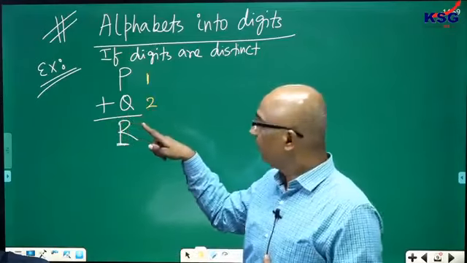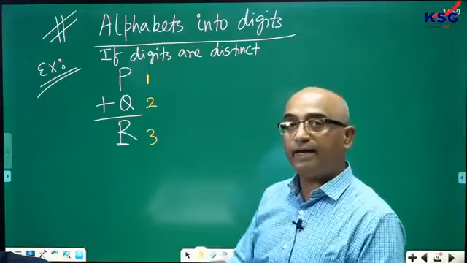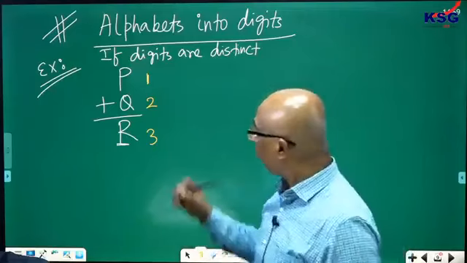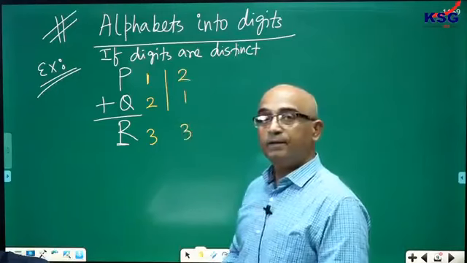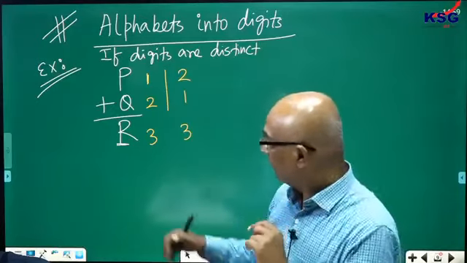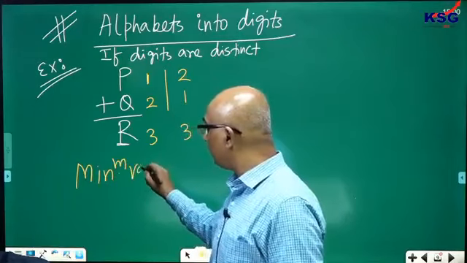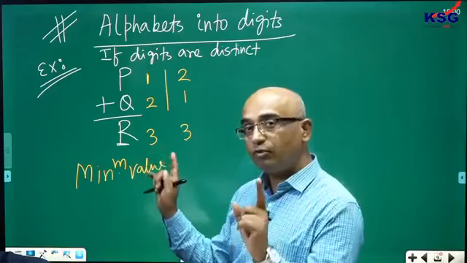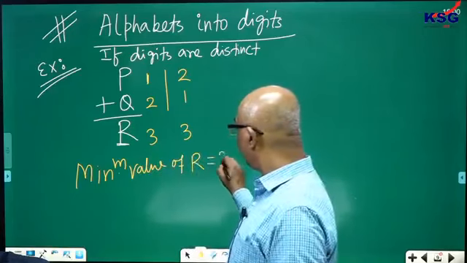So 1 plus 2 is equal to 3, or 2 plus 1 is equal to 3. So the minimum value of R can be 3. Students, this is a little different discussion, logical, slowly try to understand. So the minimum value of R is equal to 3.